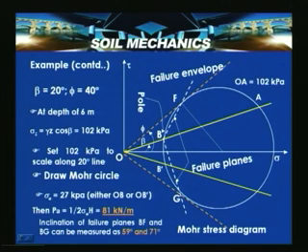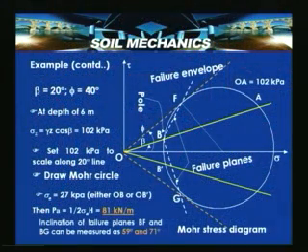So, OA is equal to 102 kilopascals. Represent it with, say, 1 centimeter equal to 10 kilopascals, or with some units, on the Mohr circle. From here, if you draw a line, the point where it cuts is the pole, which is generally drawn from the known stress on the Mohr circle.